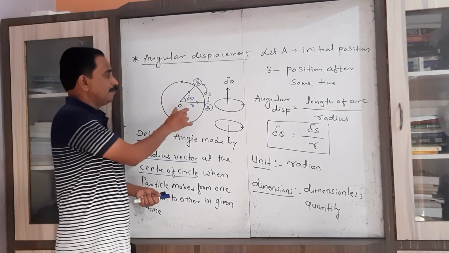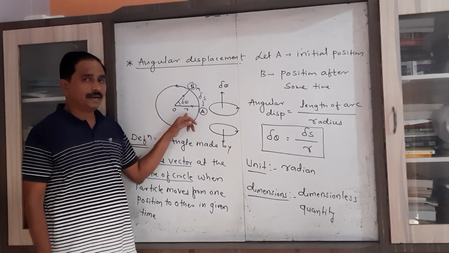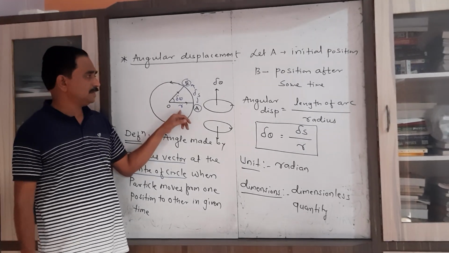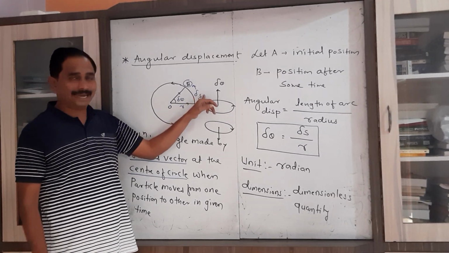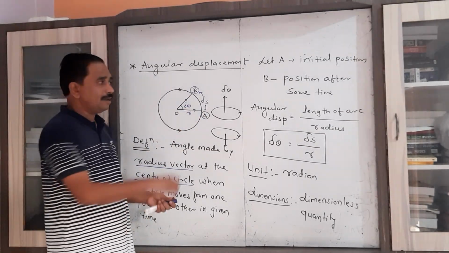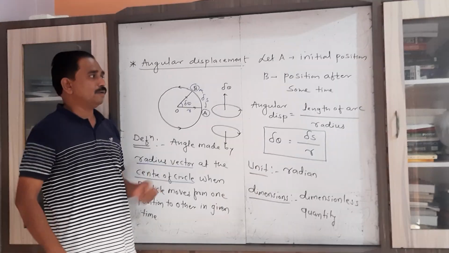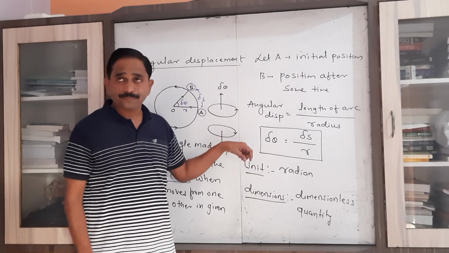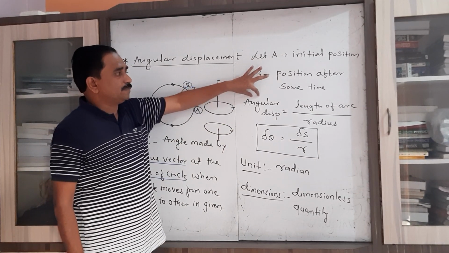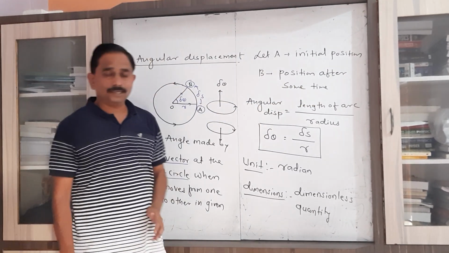It means here we have to consider three notations. The first one is R, which represents the radius. The second one is delta S, that is the linear displacement or length of arc, and delta theta is the angular displacement. So simply, angular displacement is the length of arc upon radius.